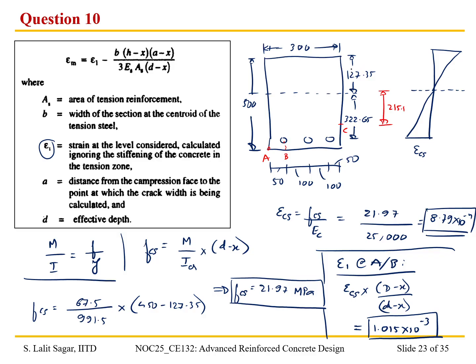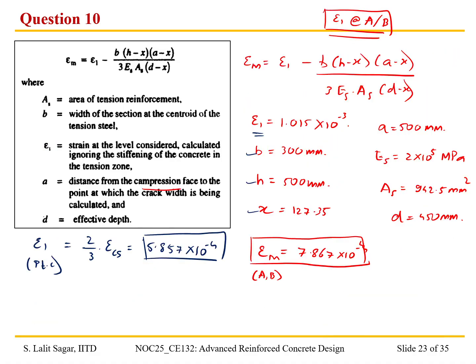Okay, I will calculate that value for you. 127.35 plus 215.1. Okay, so that is the value of A. The value of A is 342.45 mm.